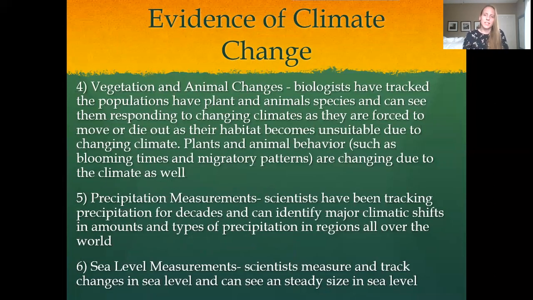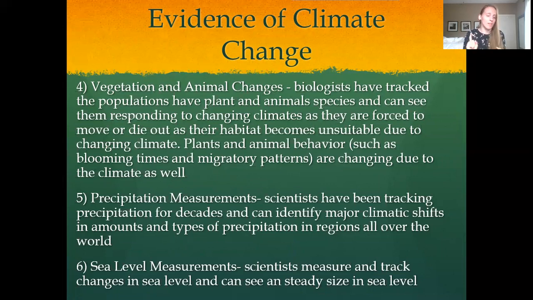Vegetation and animal changes have also been tracked by biologists. Essentially, they're seeing how plant and animal species and their populations have changed over time to see if they're responding to climate change or not. And essentially, a lot of plants and animals have either died out or moved in order to try and access habitable areas as their normal habitat becomes uninhabitable.